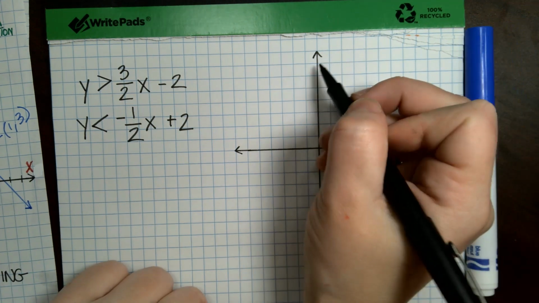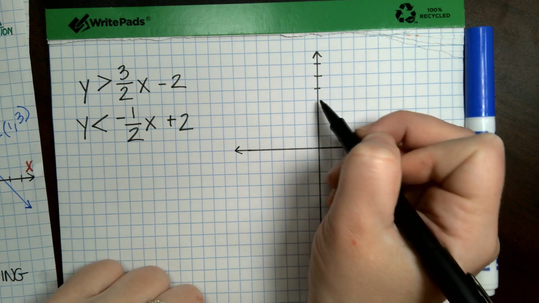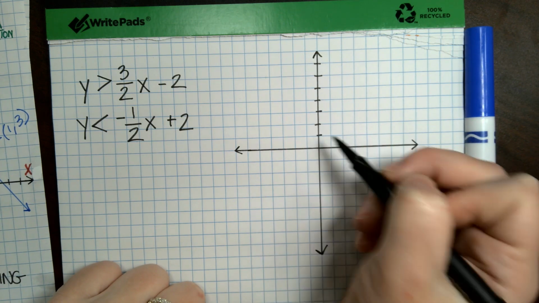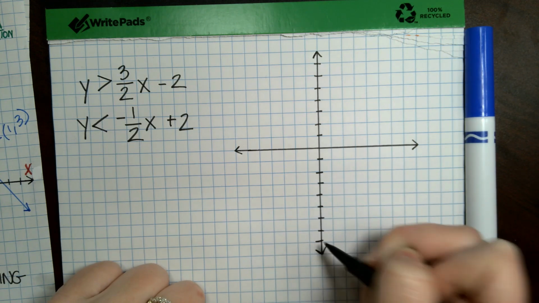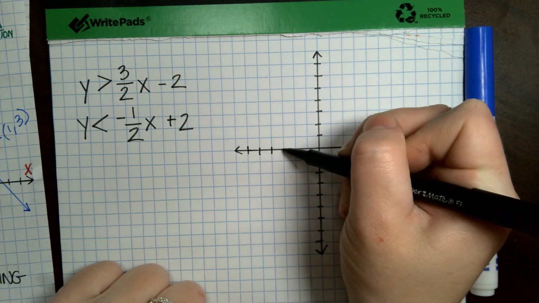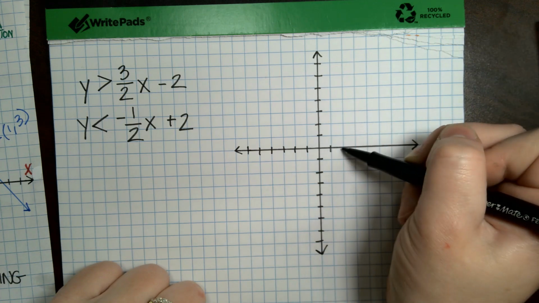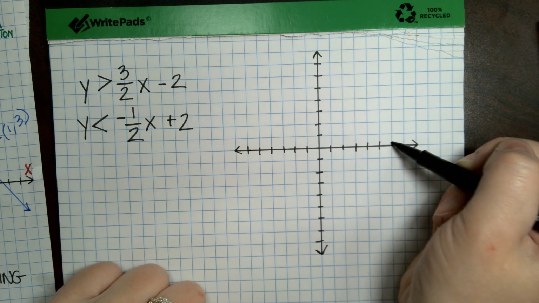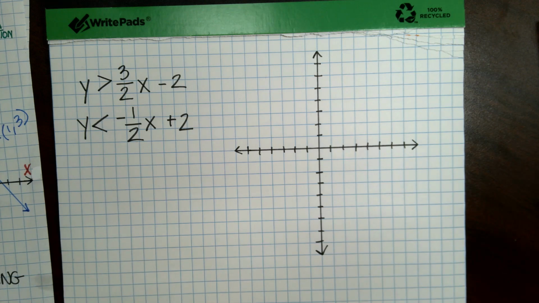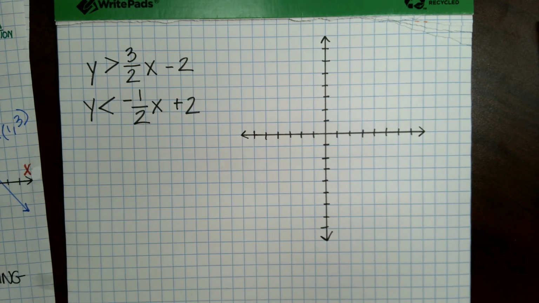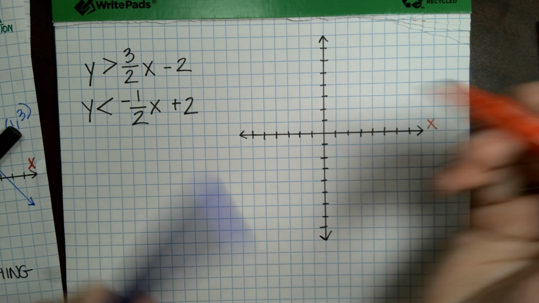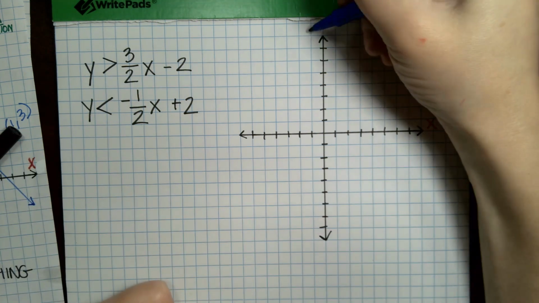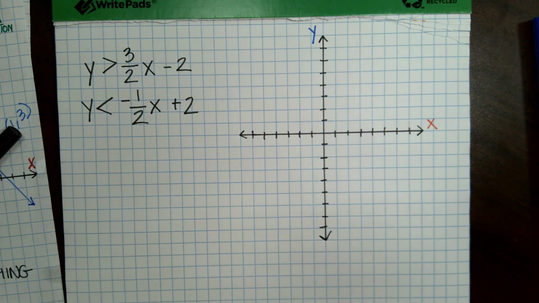Okay, make some tick marks. All right. Once you've got your graph ready, give everybody a second to write all that down. But we'll start graphing these and see what happens.